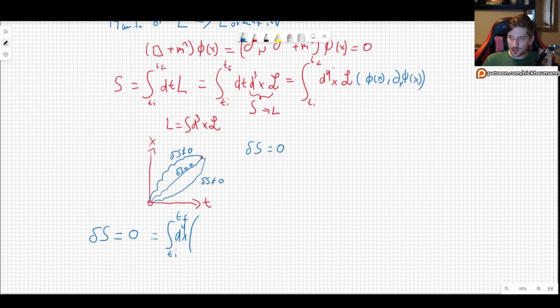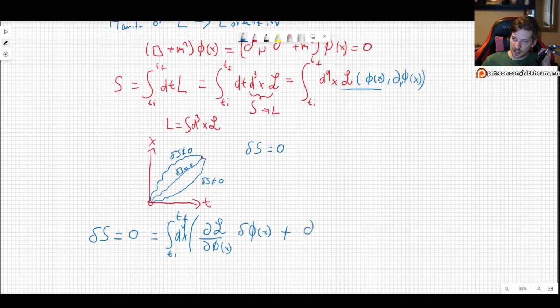So looking at what we have here, we can do small changes to the Lagrangian by changing the field a little bit or by changing the first derivative a little bit. In the first case, we can change the Lagrangian with respect to the field by a little bit. So we are going to have a small variation in the field, plus we can also change the derivative.